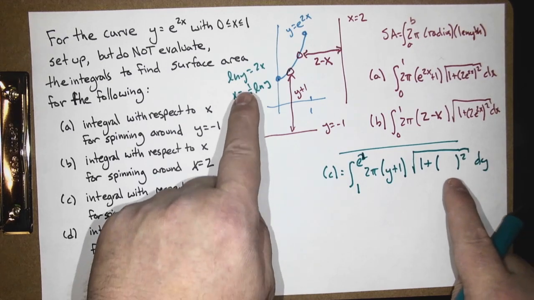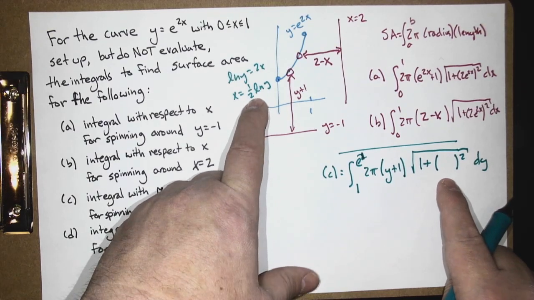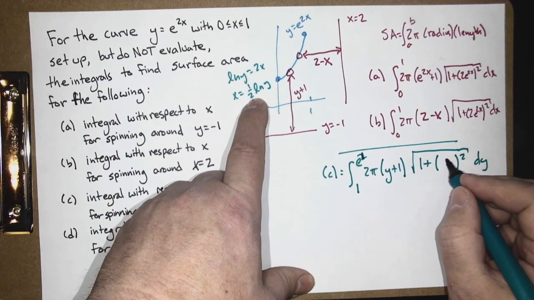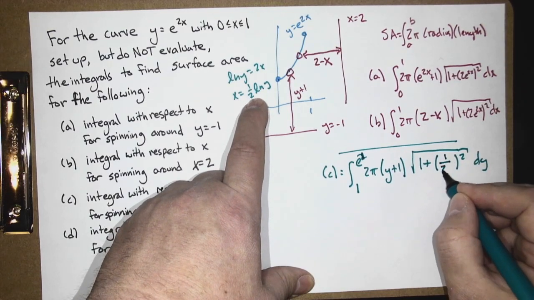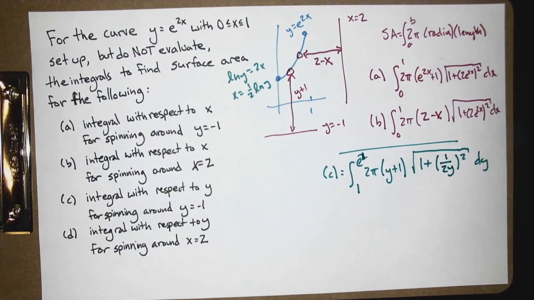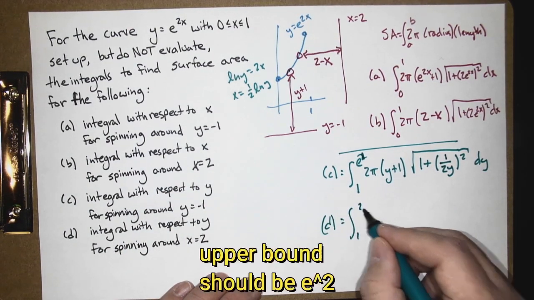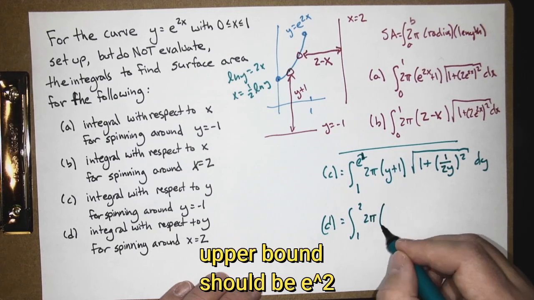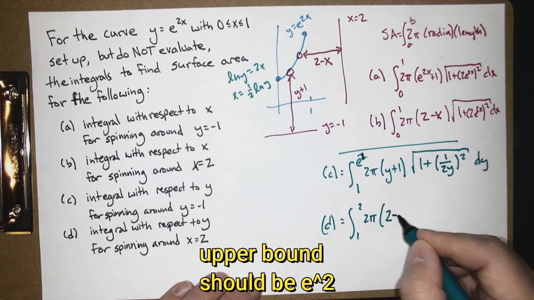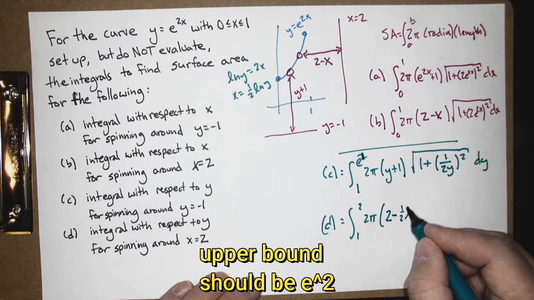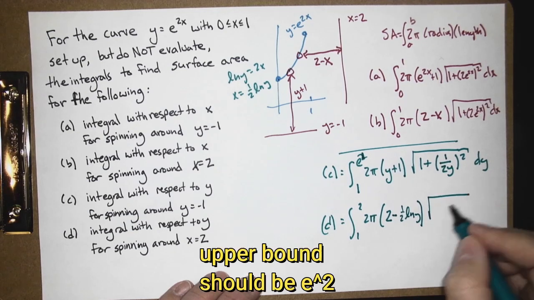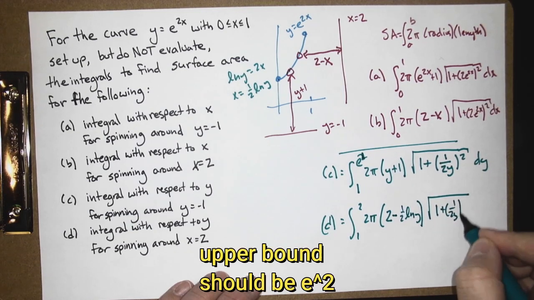We would take the derivative. Derivative of log is 1 over. So 1 over 2y squared. And for part D, I'll write this down. You can check it later. So it's 2 pi, 2 minus 1/2 log y, square root of 1 plus 1 over 2y squared.